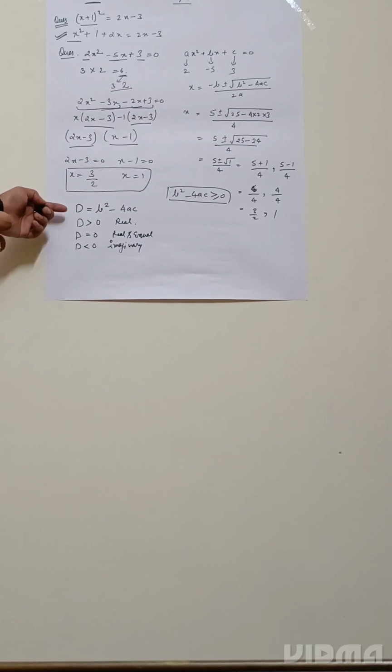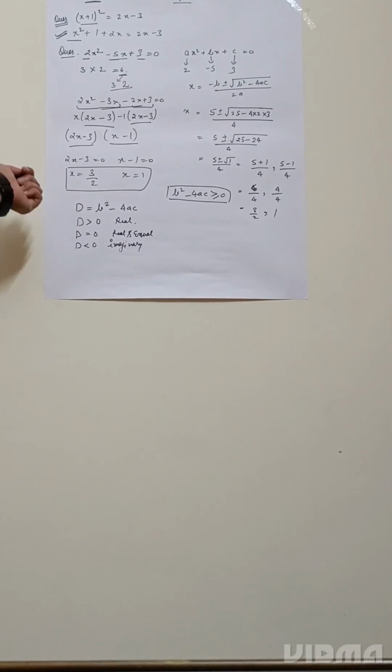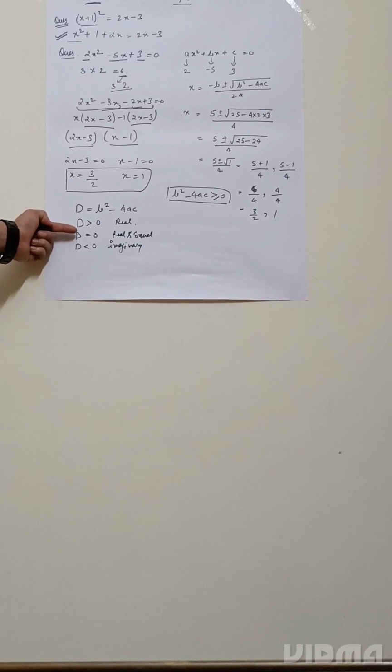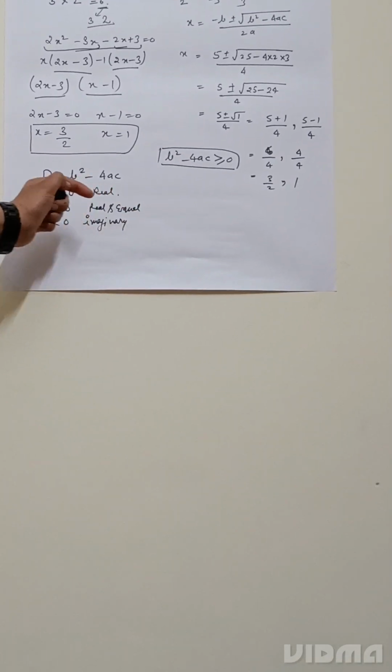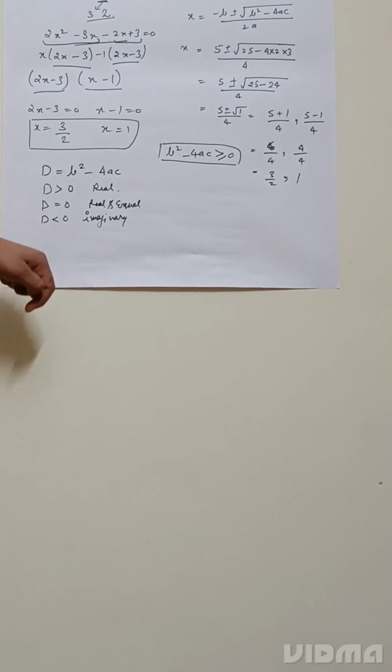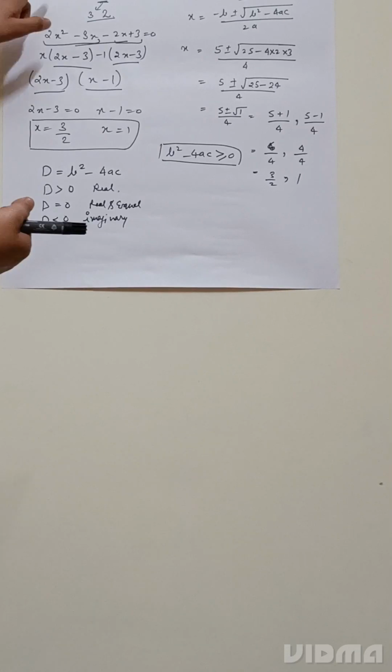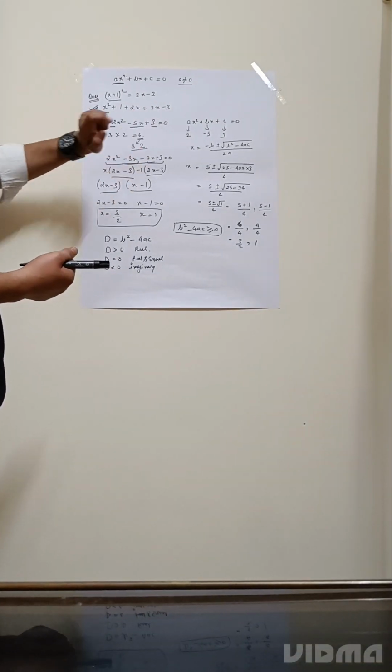So if the discriminant is greater than 0, the equation has real roots. If the discriminant is equal to 0, the roots are real and equal. If the discriminant is less than 0, the roots are imaginary. Now we can check with the equation 2x square minus 5x plus 3.